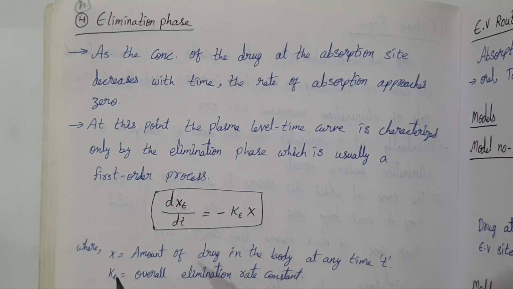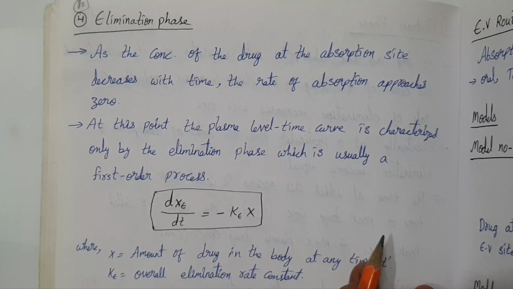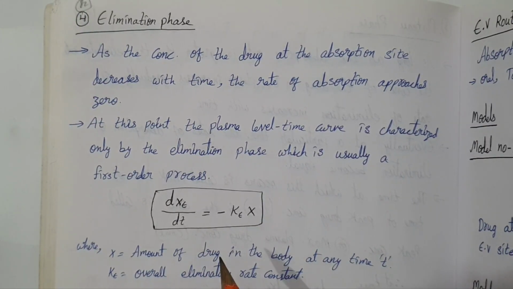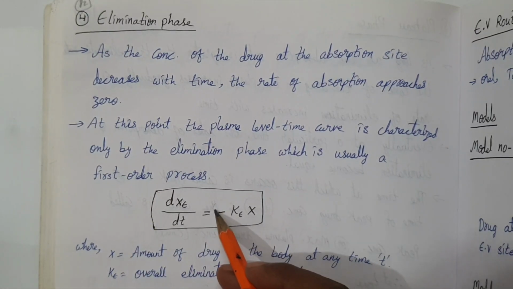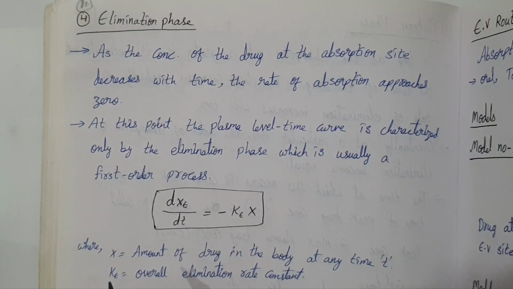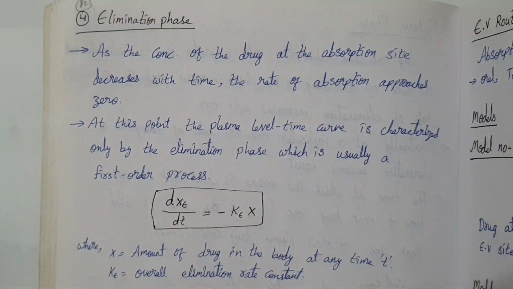Finally, when there is almost no drug left at the absorption site, the rate of absorption approaches zero. The decline in plasma concentration is governed entirely by elimination.